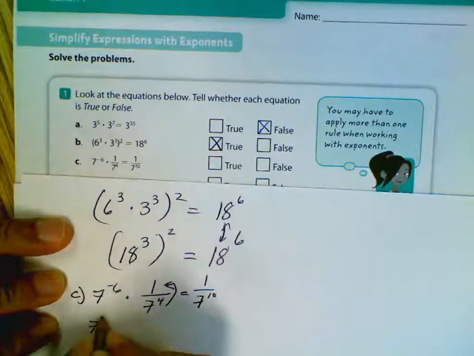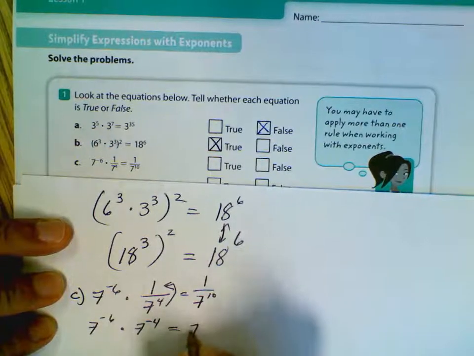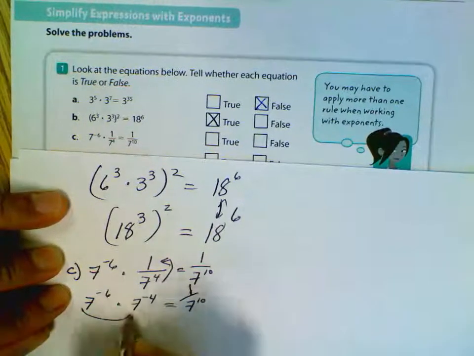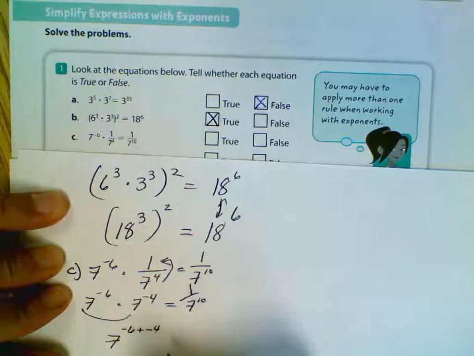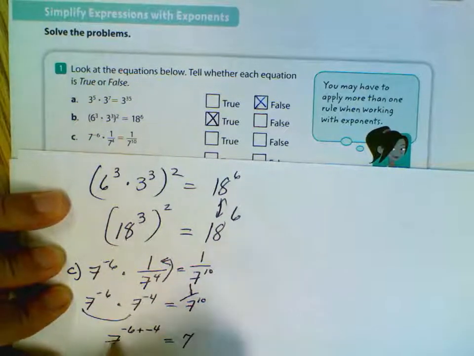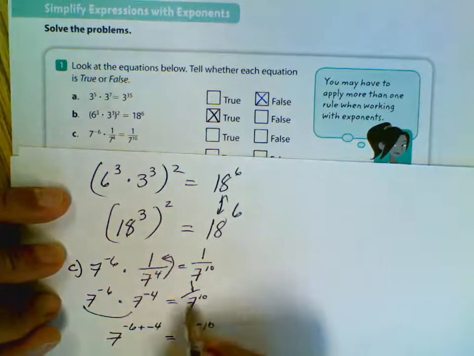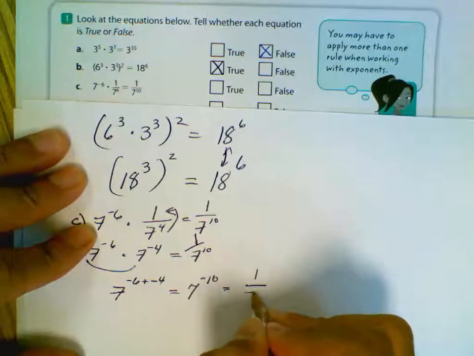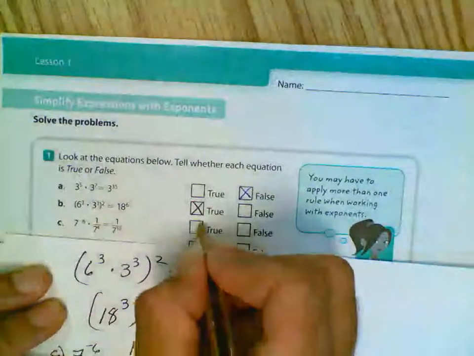So I have 7 to the negative 6 times 7 to the negative 4 equals 1 over 7 to the 10th power. Same base, 7: negative 6 plus negative 4 equals 7 to the negative 10. And if I move this negative exponent to the denominator, I'm going to have 1 over 7 to the 10th power. So in this case, it's true.